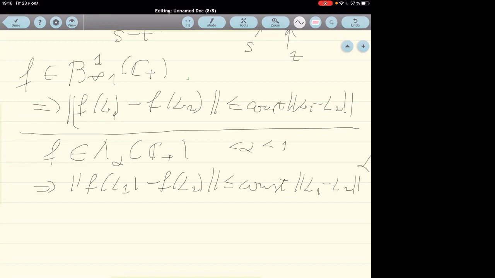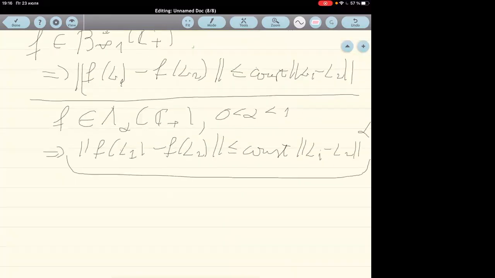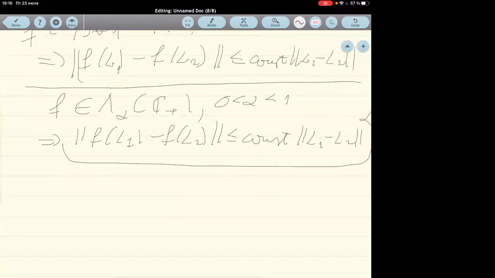Here alpha must be less than 1, because if alpha is equal to 1, then it is not true that if we have a Lipschitz function, it must be operator Lipschitz. But if alpha is less than 1, then if we have a Hölder function, actually it is operator Hölder. So it's a big difference between the case of operator Lipschitz functions and the case of operator Hölder functions.